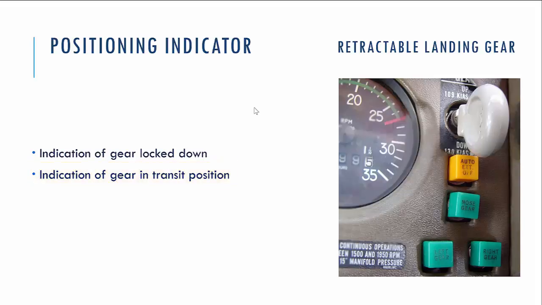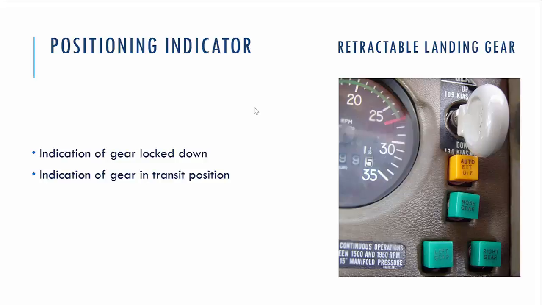And on most airplanes you would find a way to check that the indicator circuit is working. For example, on Cessna or Piper 28, if you push those indicators, you would see the lamps glow. That means the indicator system is working properly.